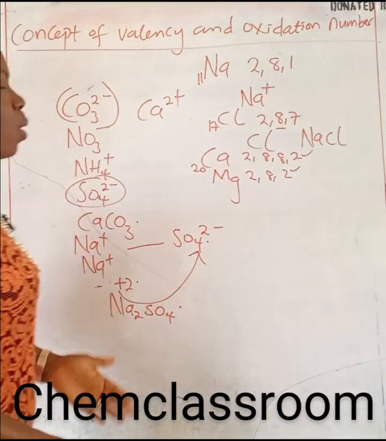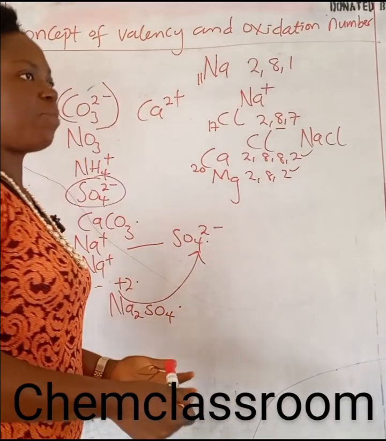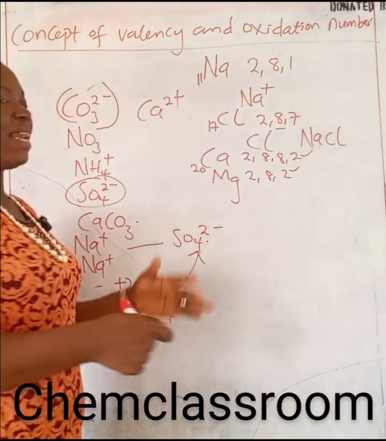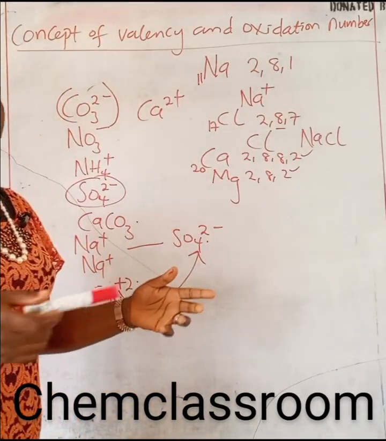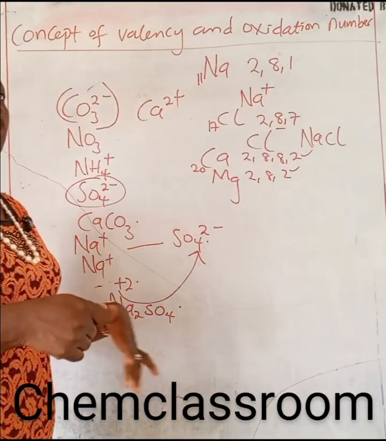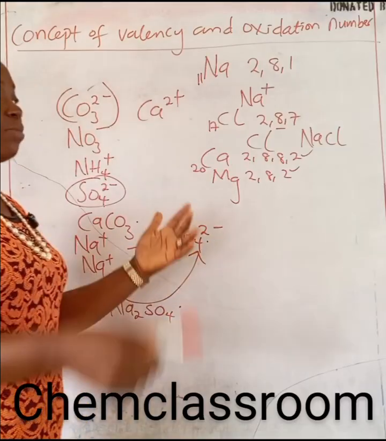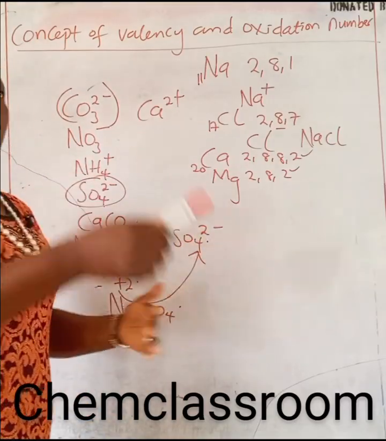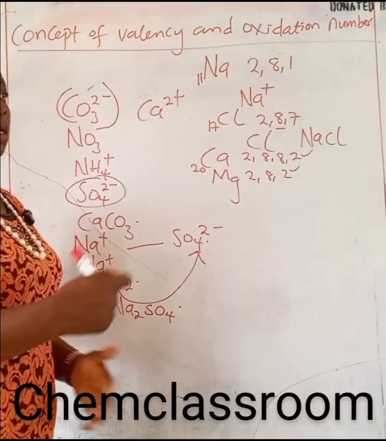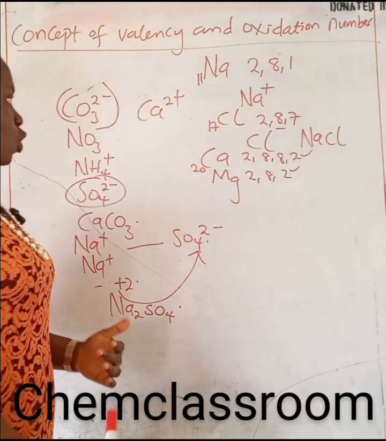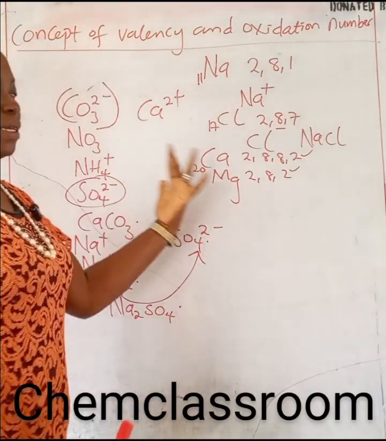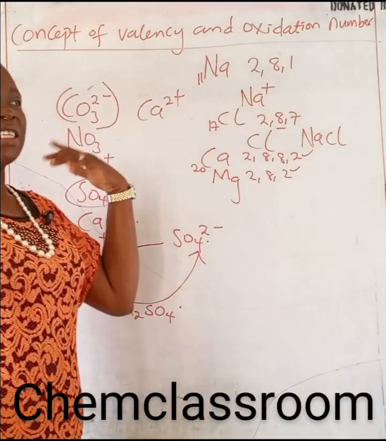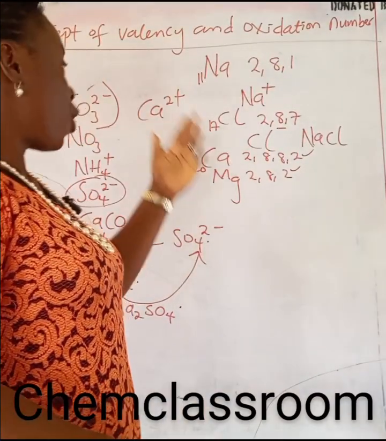That is how bonding takes place in chemistry. There must be an atom willing to give, and there must be another atom willing to receive. And at times too, they form what we call covalent bonding. Yes, they share electrons.